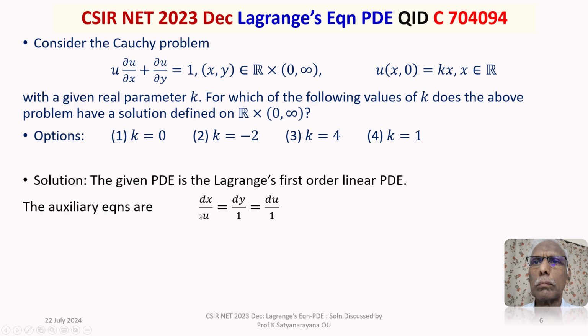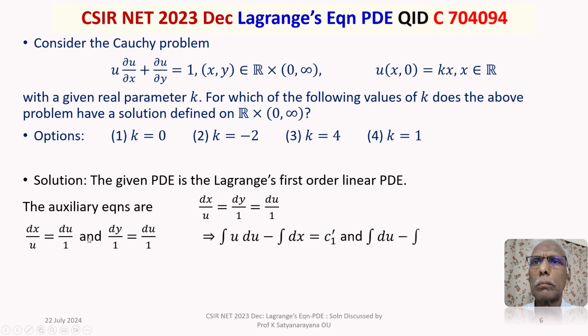We take a pair of equations like this: dx/u = du/1, and dy/1 = du/1. Now integrating, we get ∫u du = ∫dx = c1', where c1' is an arbitrary constant, and ∫du − ∫dy = c2.